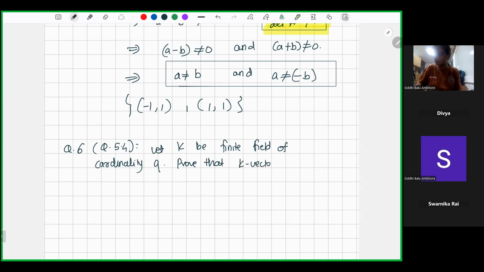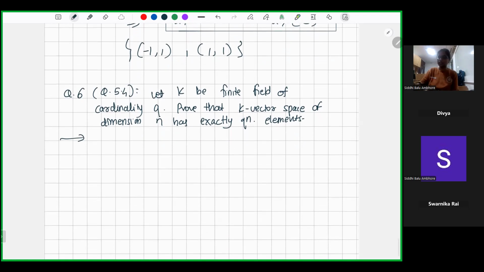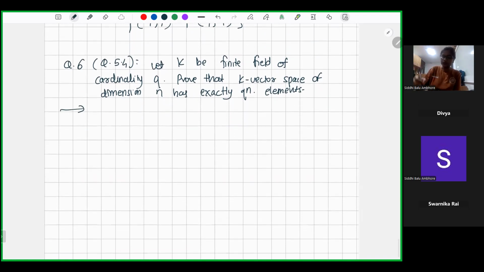K vector space of dimension n has exactly Q power n elements, because again the property which we use, the uniqueness, follows from this.